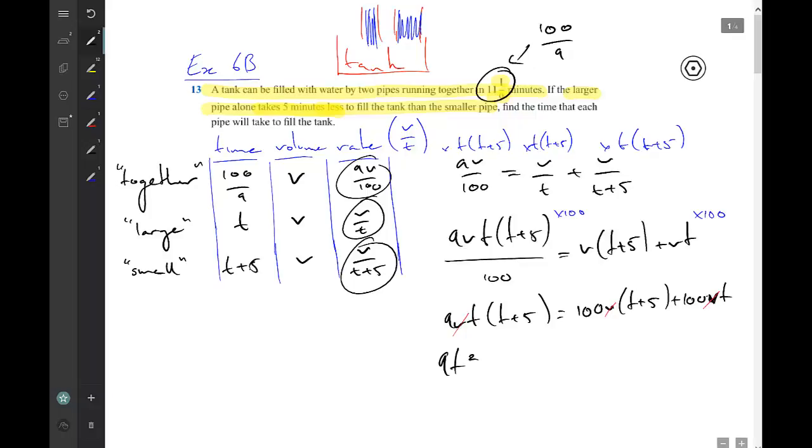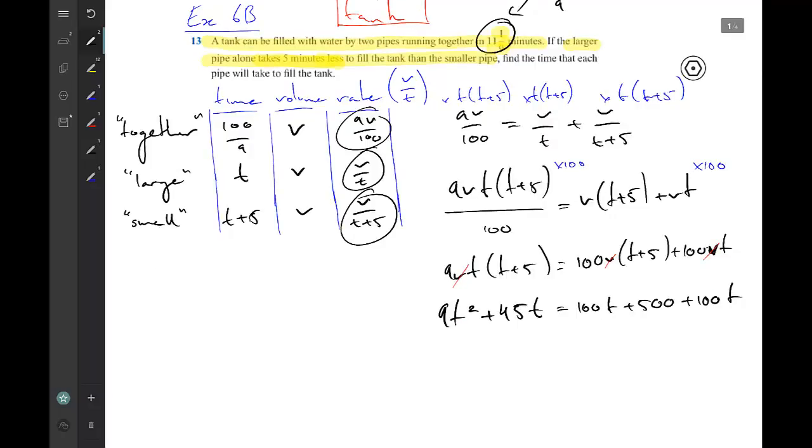So we get 9T squared plus 45T equals 100T plus 500 plus 100T. Again, we rearrange all of this by taking everything to the left. So we end up with 9T squared minus 155T minus 500 equals 0.